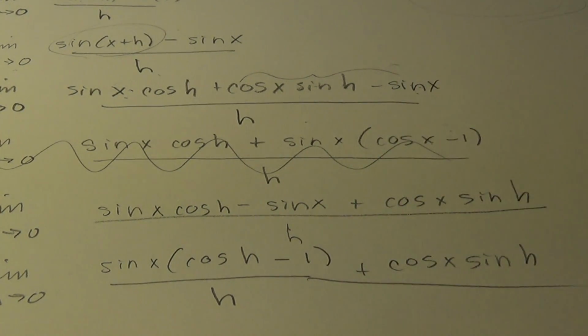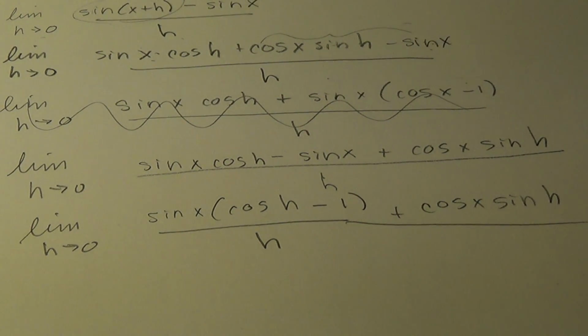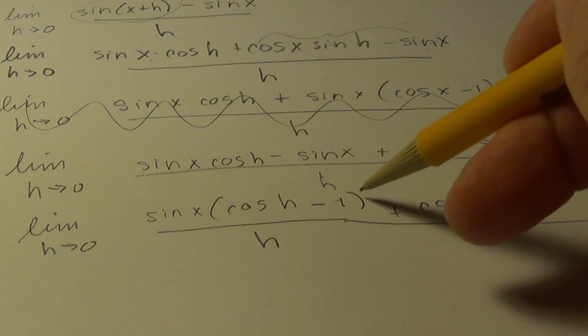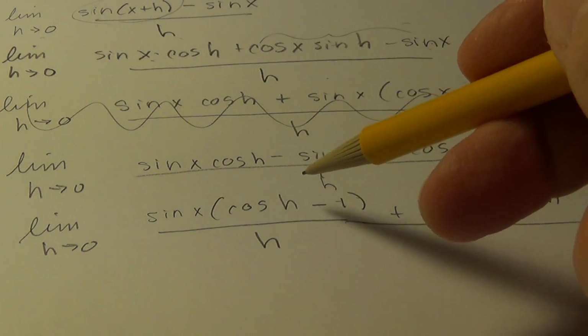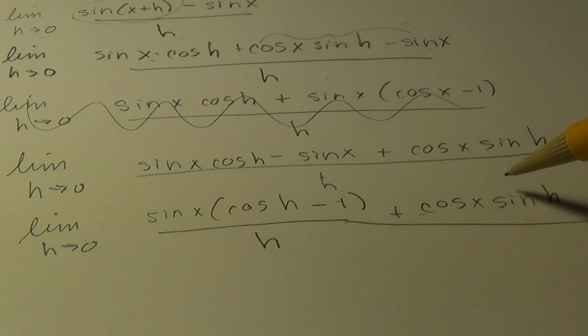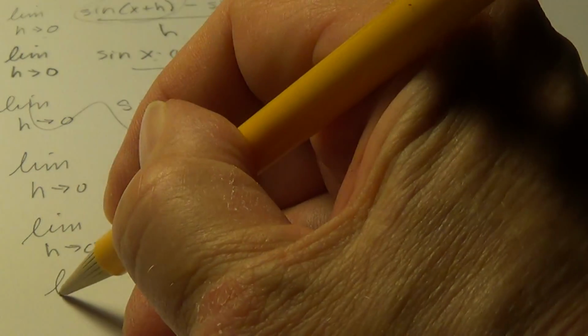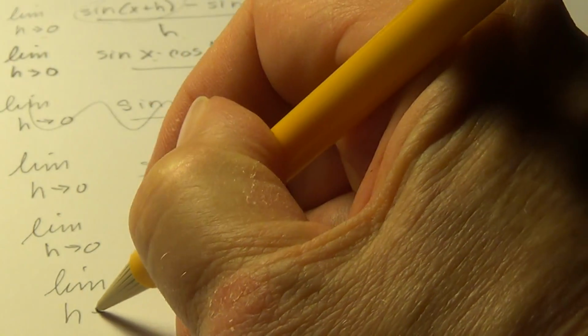This h is under everything. Alright, now I'm going to set this up. Because this is added on the top, I'm going to do this expression over h and this expression over h, splitting it into two limits, because the limit of a sum is the sum of the limits. So I can do that.